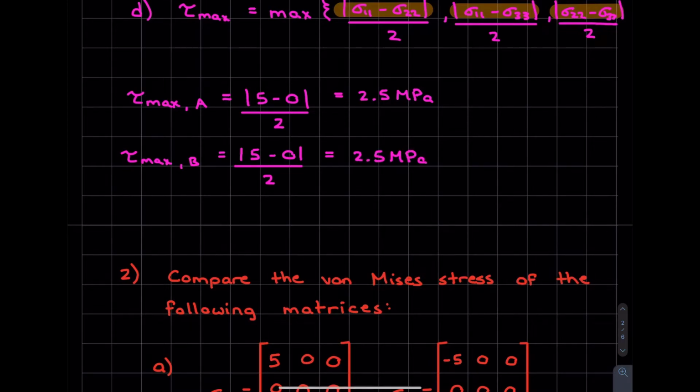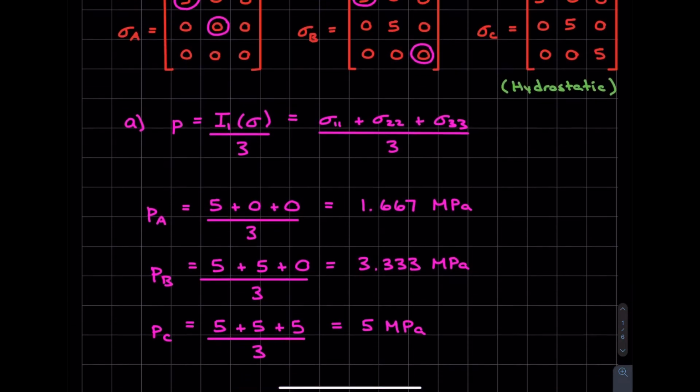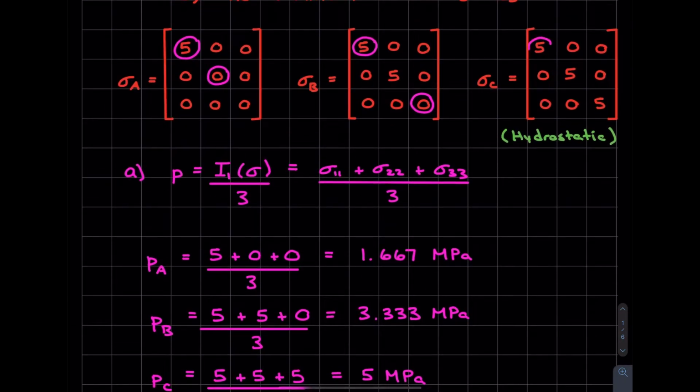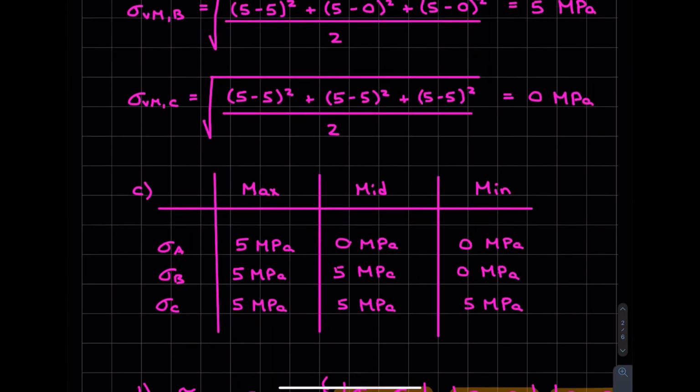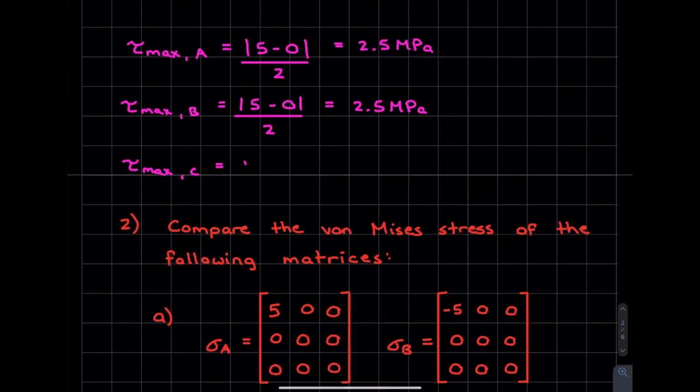And finally, we can go to the last one, which is tau max of C. We go up here, and the maximum is 5, but the minimum is technically also 5. So if I throw it into the equation, I'll have 5 minus 5, absolute value, divided by 2.